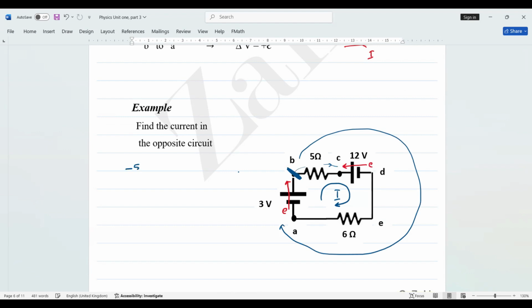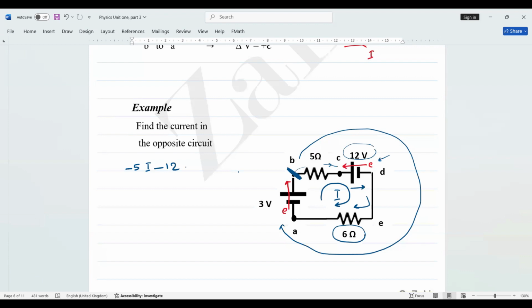The current is I. Now, we go in this direction. The loop direction, or the current in the loop, is opposite to the direction of electron flow. Then it's negative. So we write minus 12. And then we go in this direction. The current is I. So in the case of a resistor, it is negative potential difference.